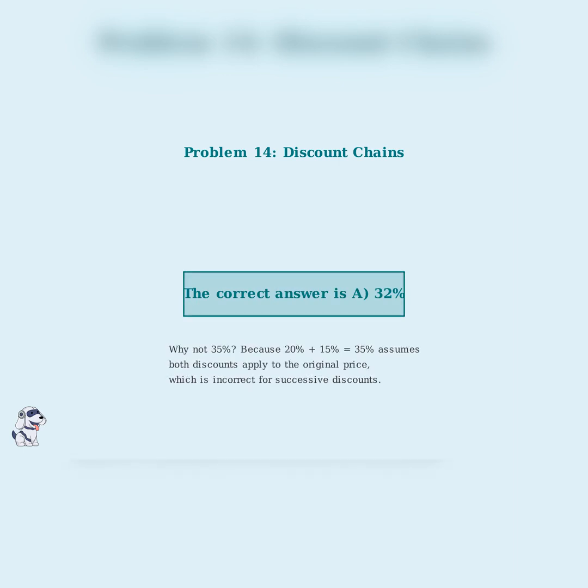The actual total discount is 32% because the second discount applies to an already reduced amount. Therefore, the correct answer is A, 32%. This demonstrates why we cannot simply add successive percentage discounts together. Each subsequent discount applies to the already reduced amount, not the original price.